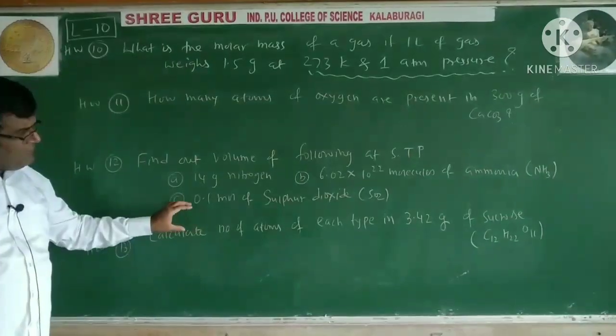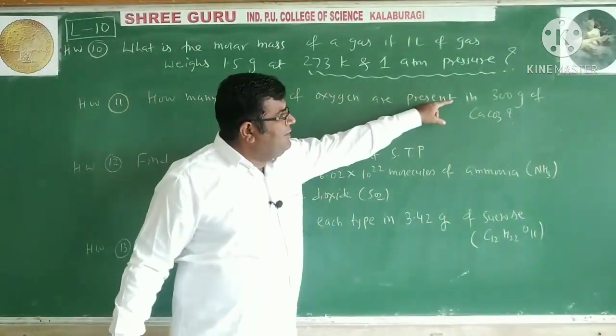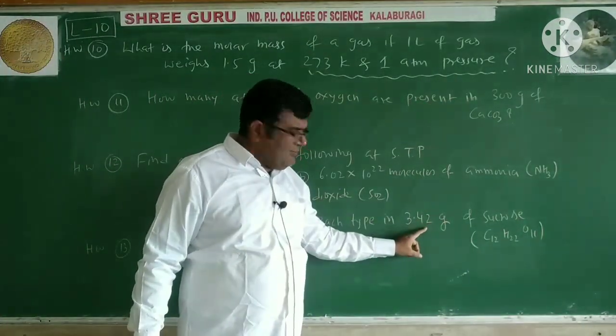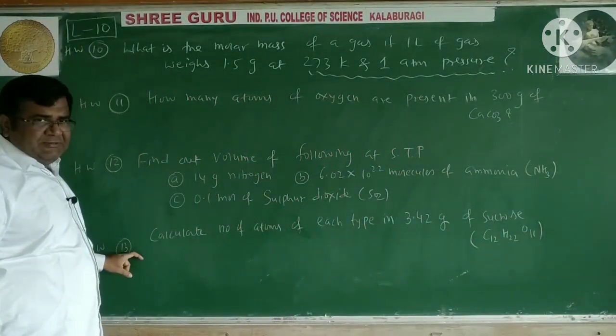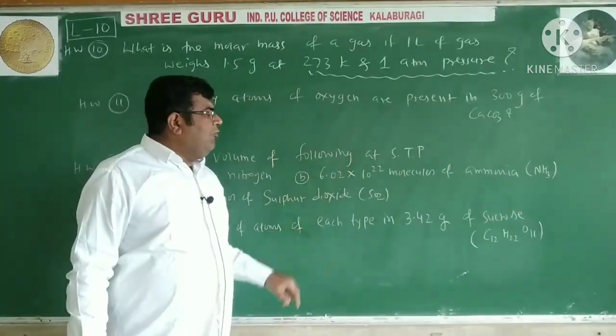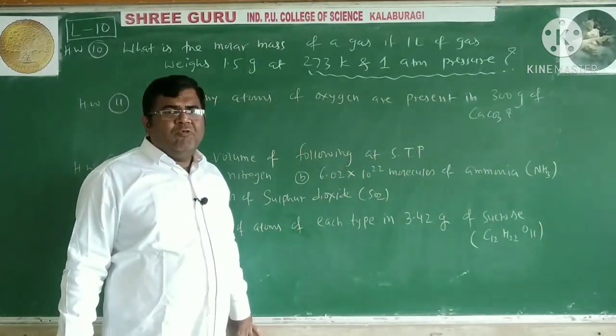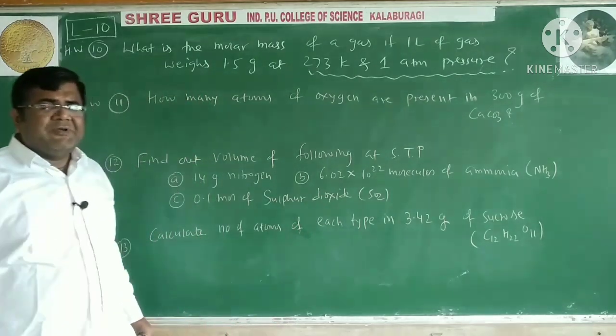Here the number of carbon atoms, hydrogen atoms, oxygen atoms have been asked. Mass was given 300 gram here also. And here also mass is given 3.42. So this 11 and 13 are similar. And for volume at STP, 1 mole equals 22.4 liters. That formula we have to use. So not at all difficult questions.